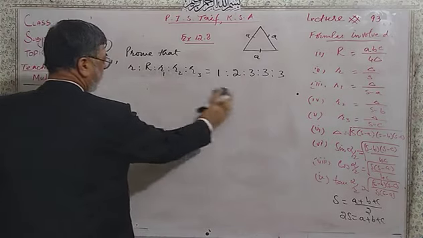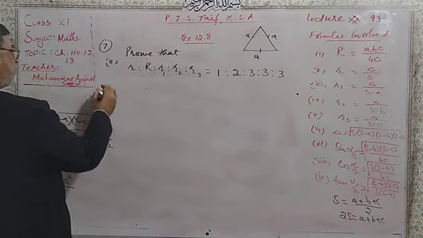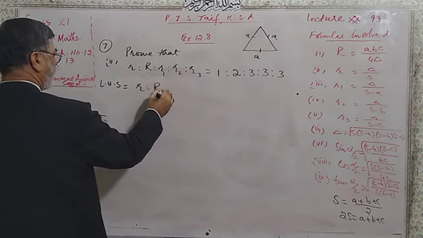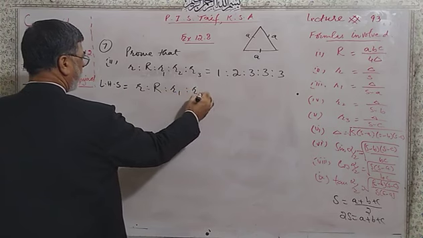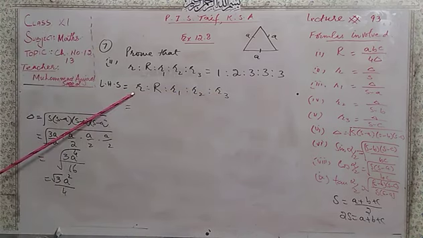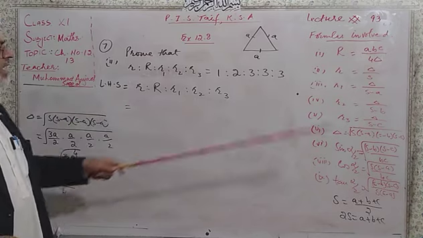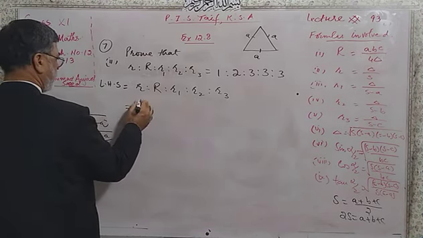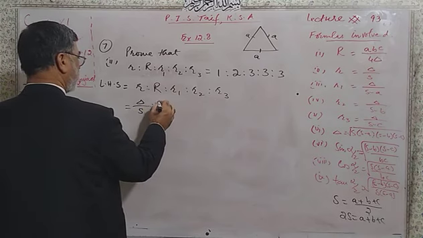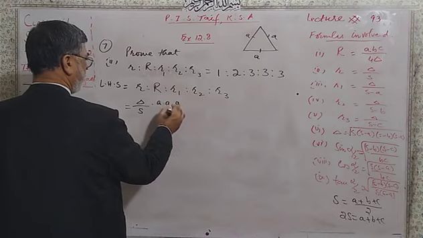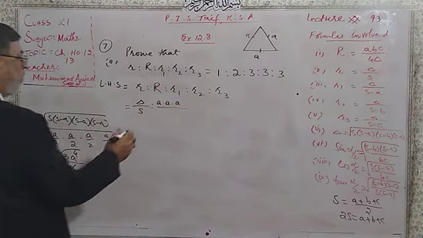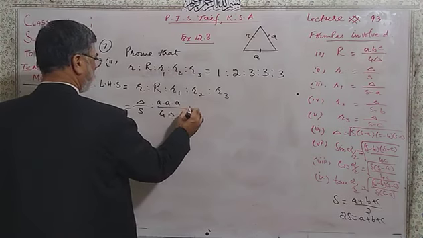We can take the left hand side: ratio R, R1, R2, R3. What was R? R is equal to delta over S. Ratio R is 3 times A over 4 delta, because this is an equilateral triangle ABC.